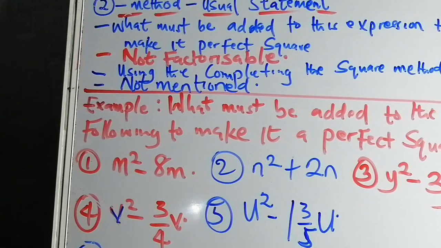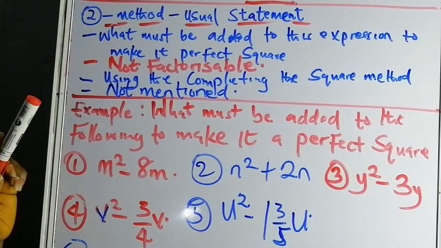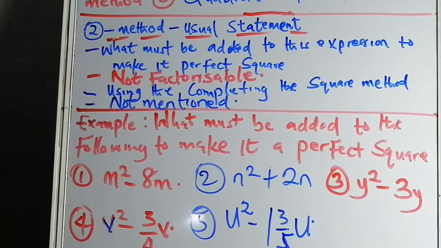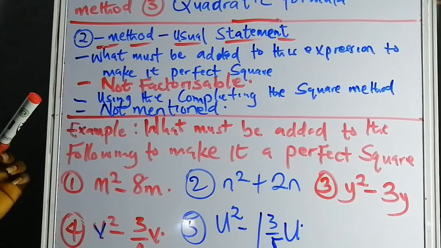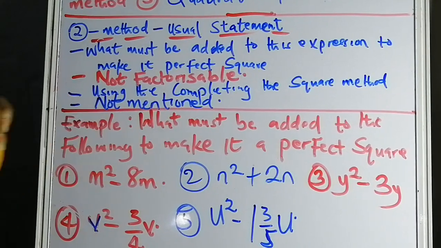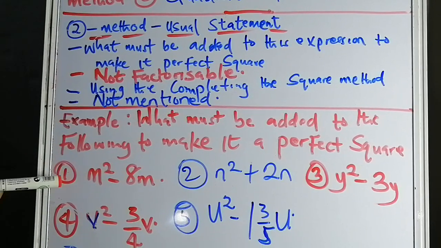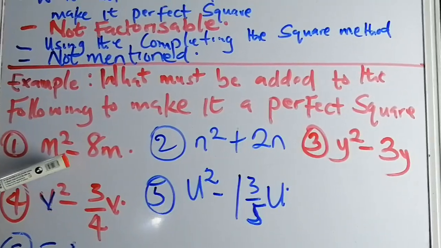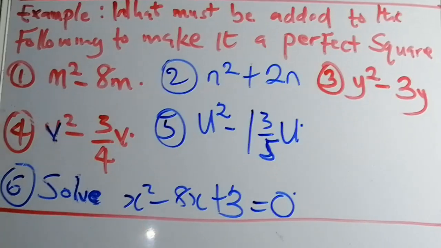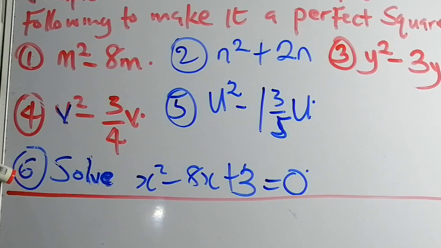Another way we can explain this second method, which I mentioned is very key, is using an example. If you look at it now, what must be added to the following to make it a perfect square? This is the first one, m squared minus 8m. We also have other examples that I've shown here, including this number 6.